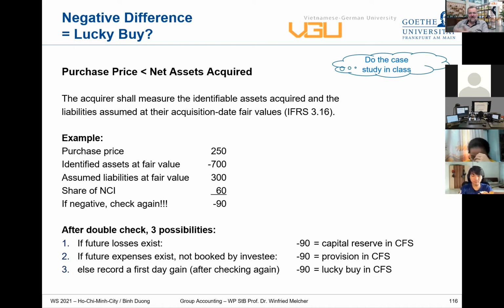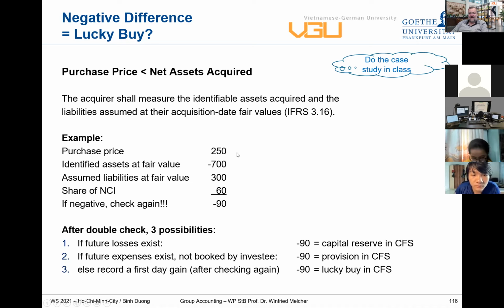Now it has to be put on the balance sheet during the acquisition. So all the items that the acquirer will acquire have to be put on the balance sheet, and they have to be valued at fair value.